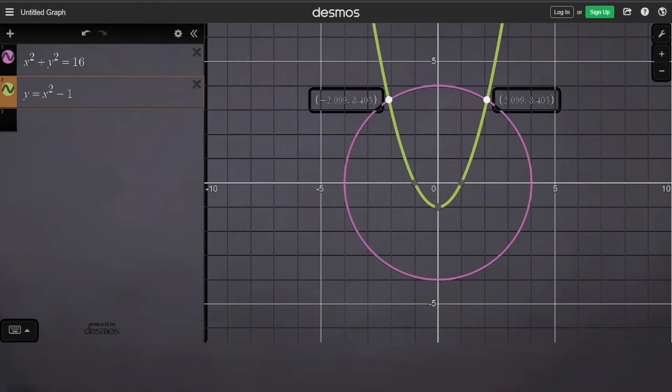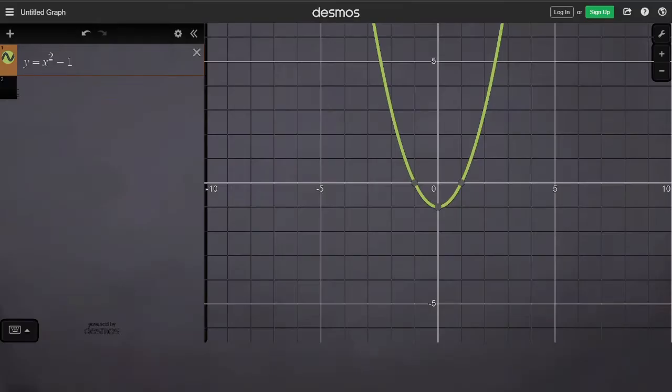And we can identify those using the graph as well. About 2.1 and 3.4, and then negative 2.1, 3.4 are the two points. Of course, it's not necessary that two graphs overlap each other.